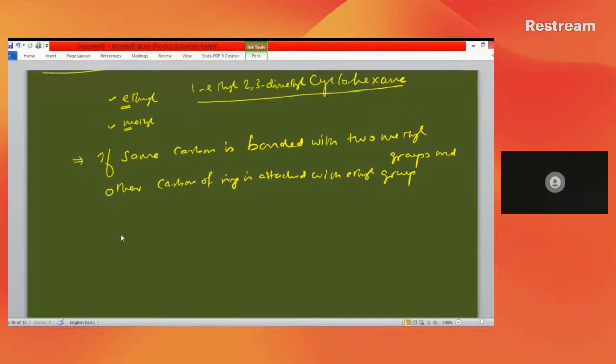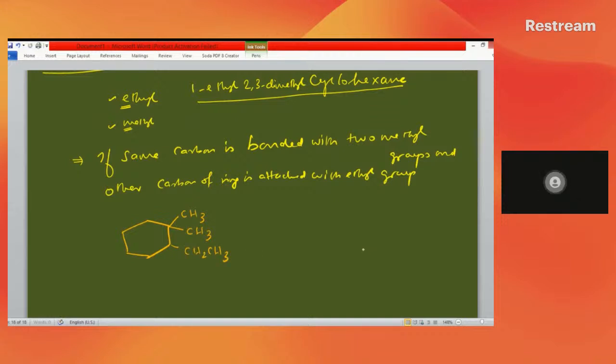I can write a ring structure, the cyclohexane, in which the same carbon atom is connected with 2 methyl groups. And another carbon atom is attached with ethyl.